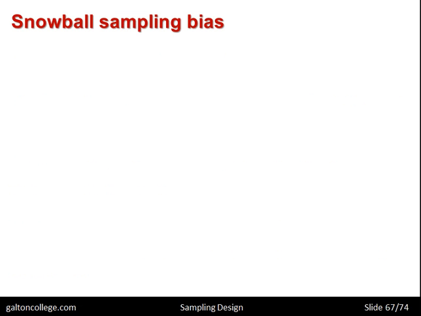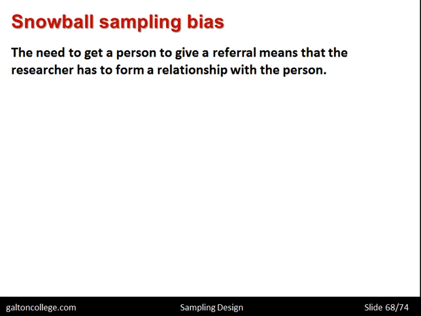Now the bias in snowballing. Well, the need to get a person to give a referral means that the researcher has to form a relationship with the person. So asking the person to refer to their friends normally means having some sort of friendship or relationship with the person being interviewed or the person being sampled.